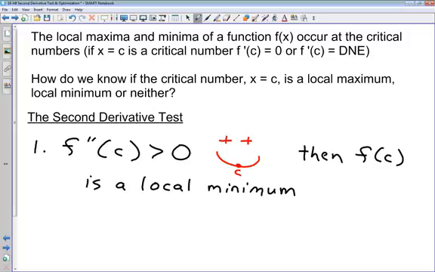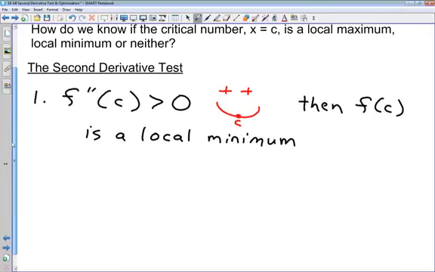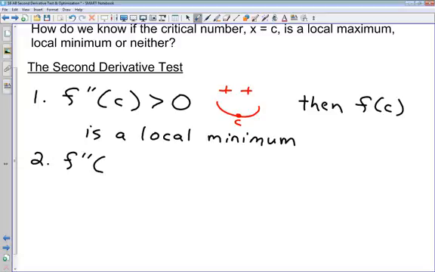Well, what if our second derivative is not positive? The second possibility is that our second derivative at c could be less than 0. This is telling us that our second derivative is negative.